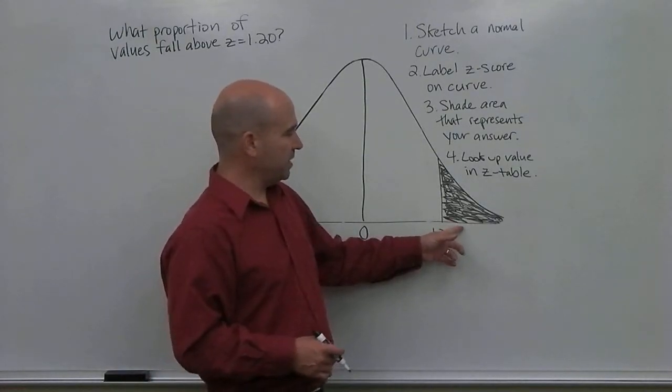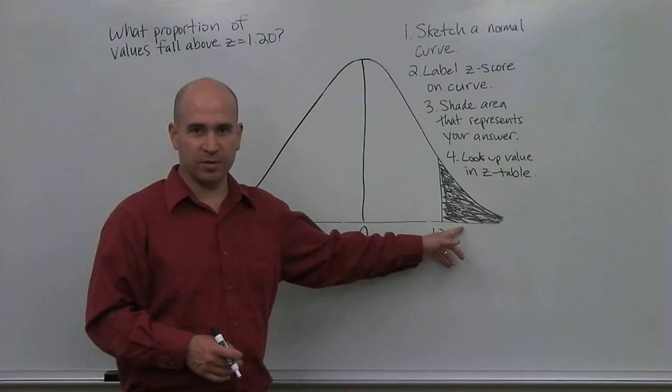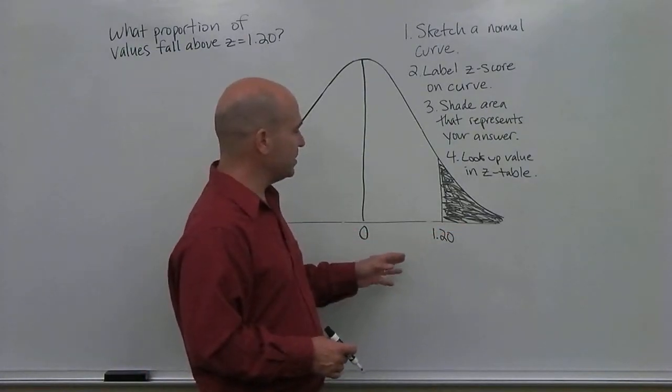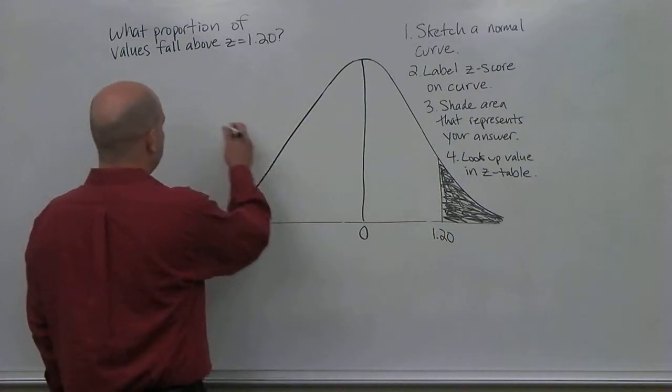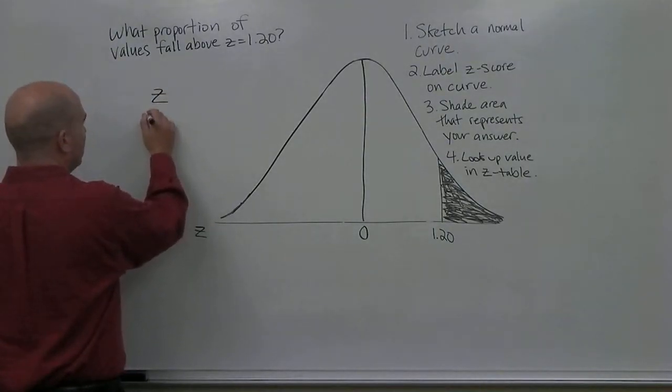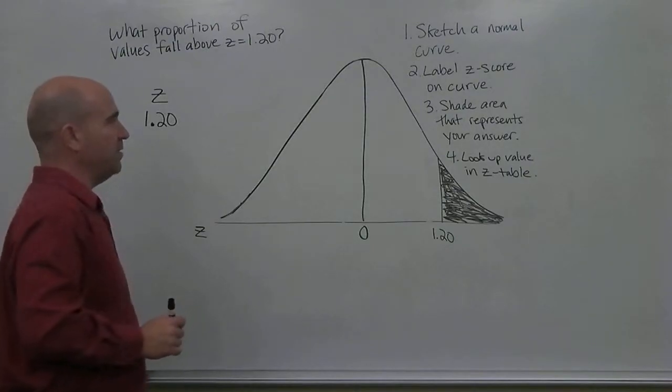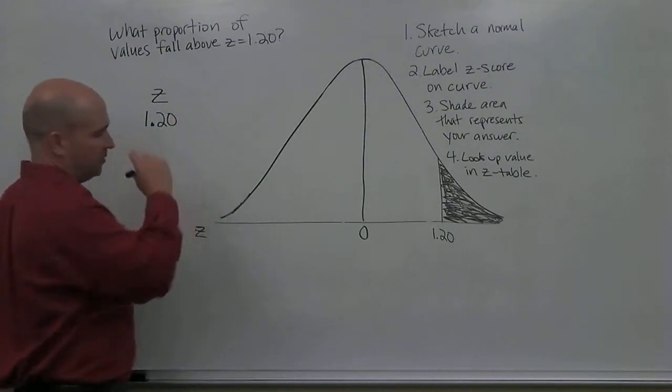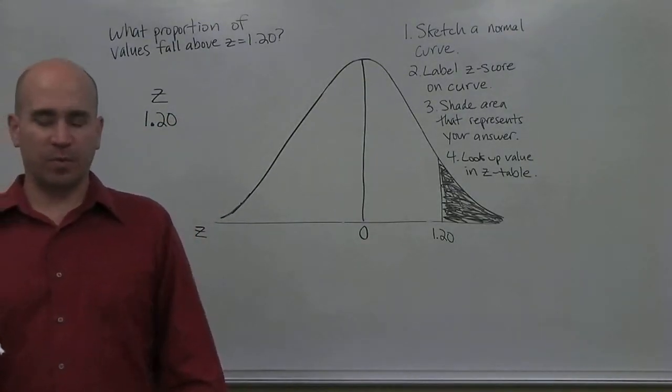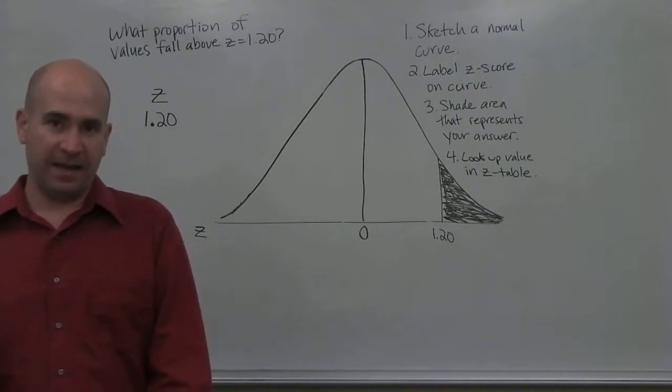Well, if you look at this, it is the tail, it's the smaller portion. So in your z-table, you have your z column, you want to find a z of 1.20, and then you're going to look up your column that says proportion in the tail.